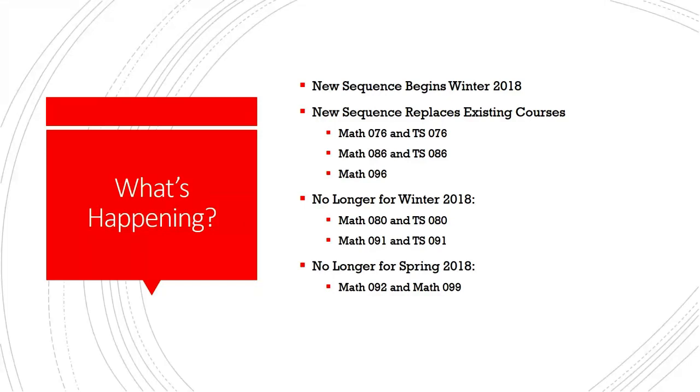The TS and or Math 76 is titled Mathematical Literacy, and this is a class for students who need more significant help with their math. It includes arithmetic with fractions, decimals, percents, negative numbers, graphs, and introductory algebra. And then our TS and Math 86, that's our Essentials of Intermediate Algebra.